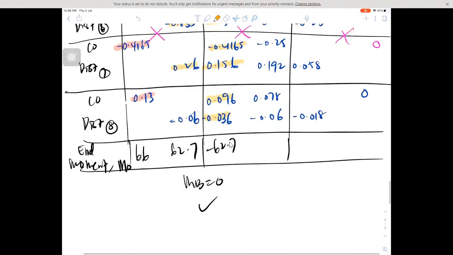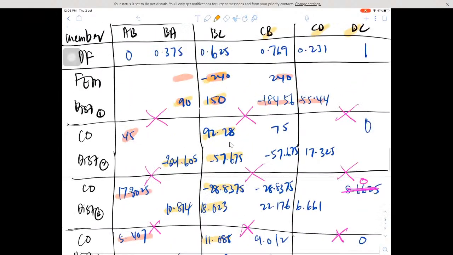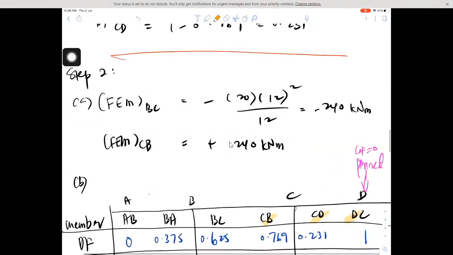Okay, this is for table number 1, Step 2A.